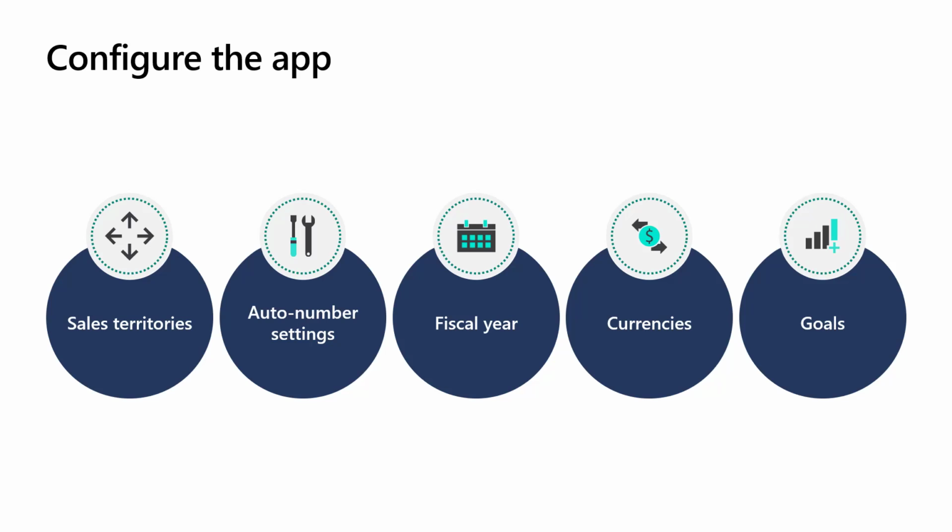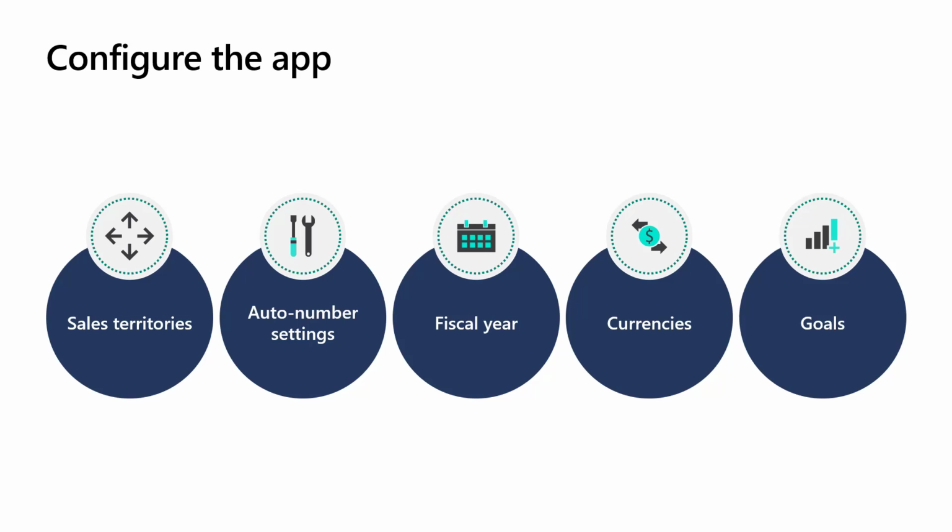So now a quick brief of what we have covered till now. We covered sales territories. We explored the auto number settings. We had a small discussion about the fiscal year settings and the currencies, and we also discussed goals, but we will do that practically in our upcoming discussions.